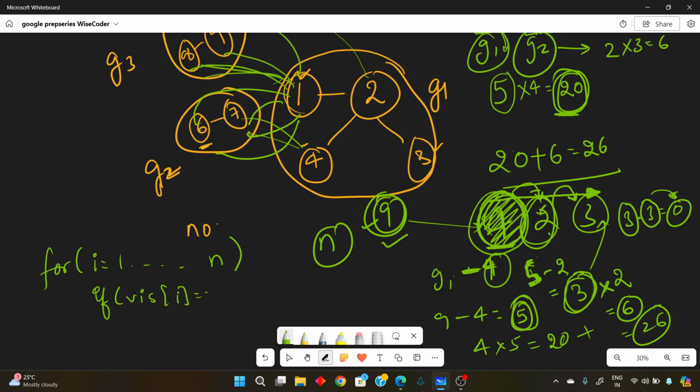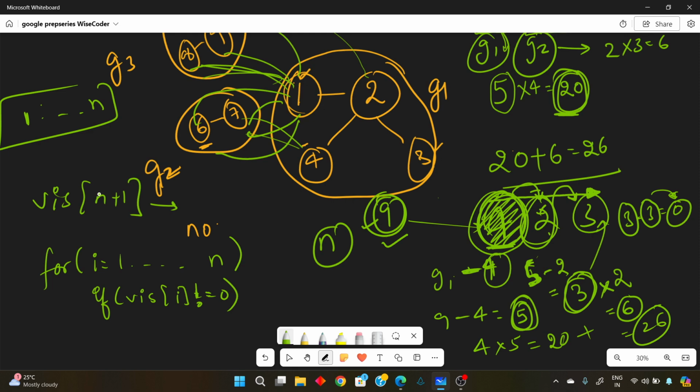You need a visited array. Initially, it is going to have length n plus 1. We are assuming all the nodes or people are numbered from 1 to n. So we create this visited array of size n plus 1, where every index from 1 onwards corresponds to that person. It is 0.